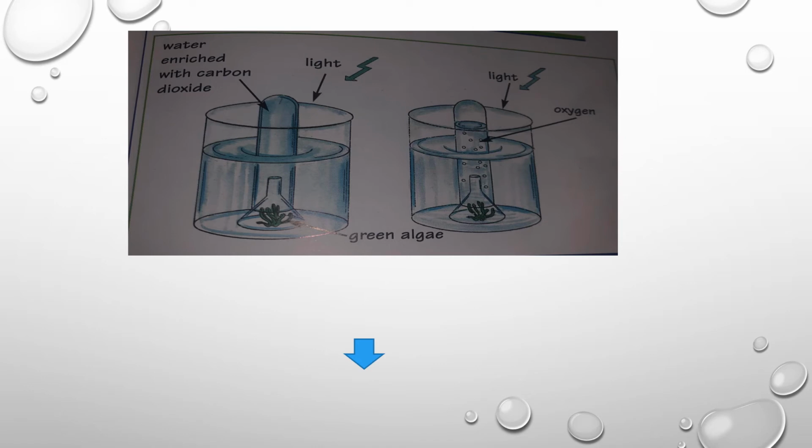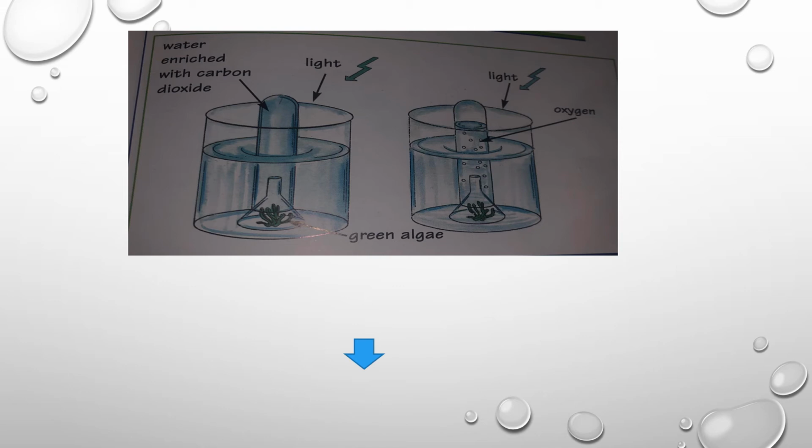So I'm going now to repeat what they explained in the experiment. So in this experiment, they took a green algae or a plant that lives in the sea and they filled the beaker with water and then they took a funnel and they placed this plant in the funnel, then they placed it in the beaker, then they filled a test tube with water and they placed it above the funnel in the beaker.